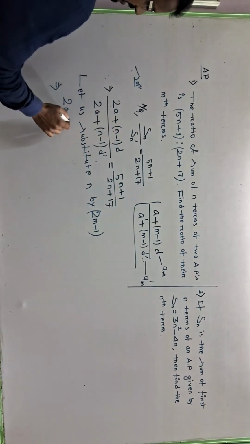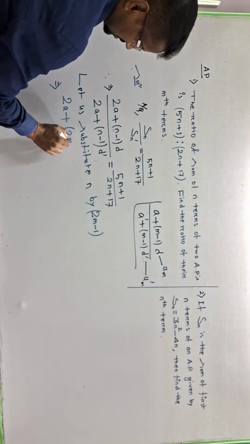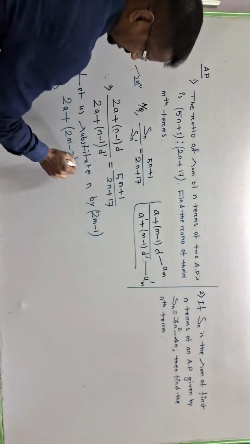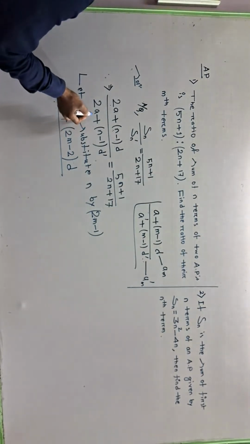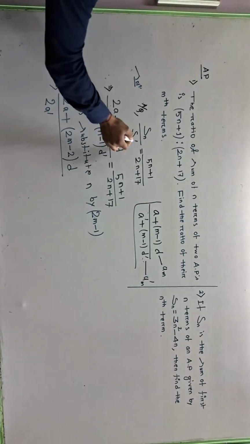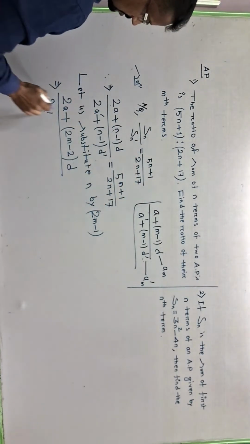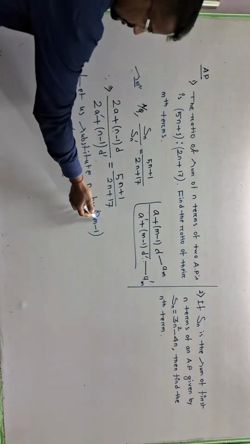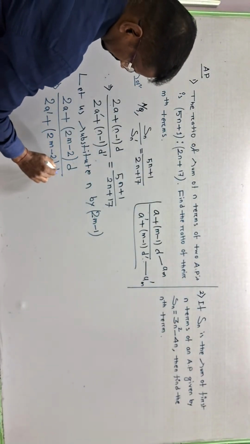So let me write directly. n minus 1 means twice m minus 1, it will be twice m minus 2. Already minus 1 is there. Into d divided by twice a dash, because the first term of second AP we represented by a dash. Twice a dash plus, and here also in place of n you have to write twice m minus 1. That will be also twice m minus 2 into d dash.